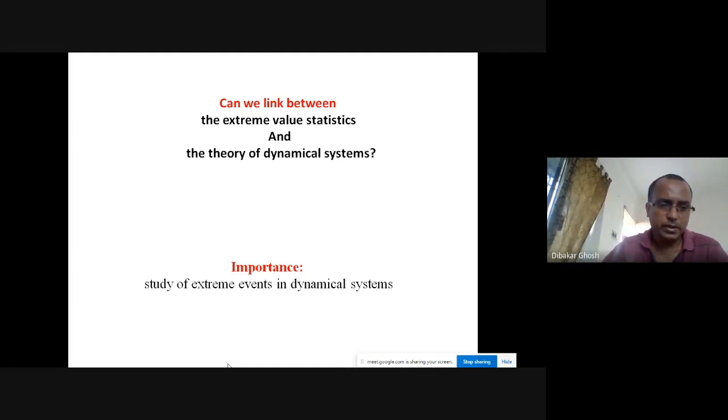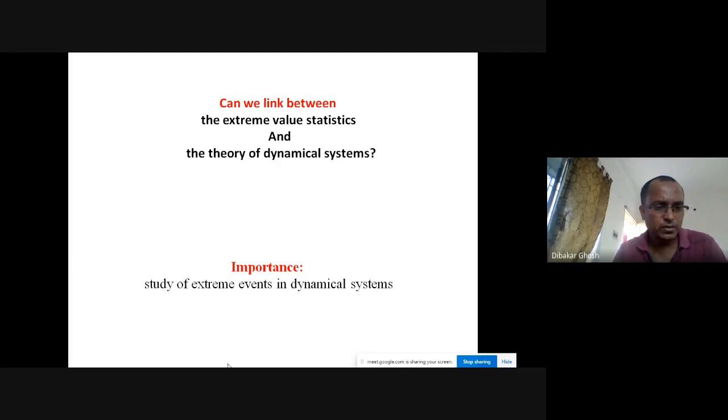That is, initially extreme value statistics was developed for IID random variables. Later, this theory was extended to random variables which are weakly correlated.